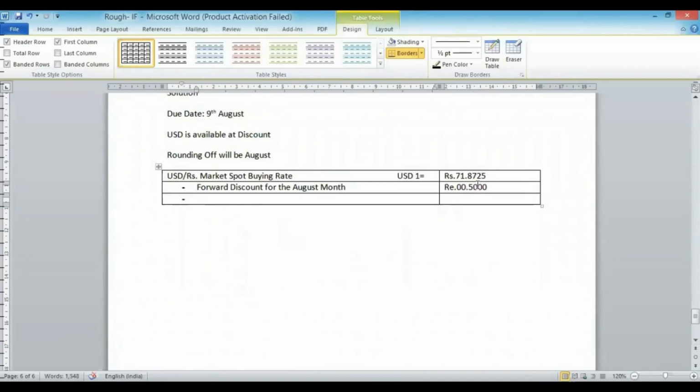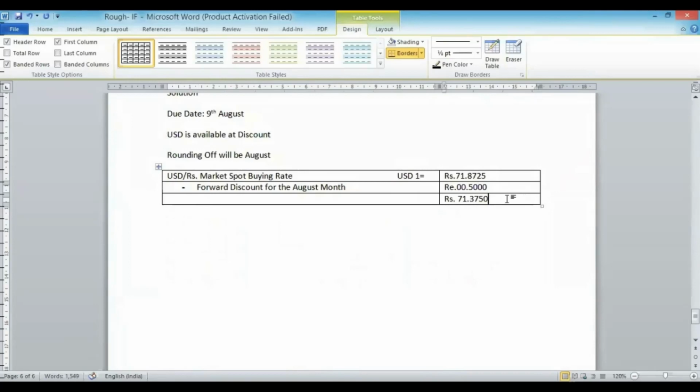What you get? The difference as rupees 71.3725.